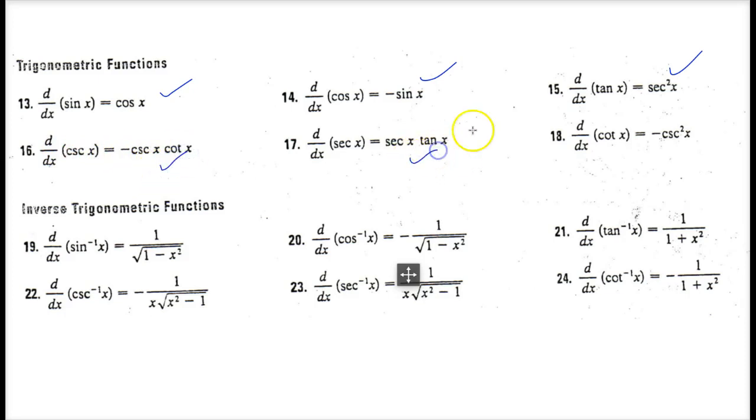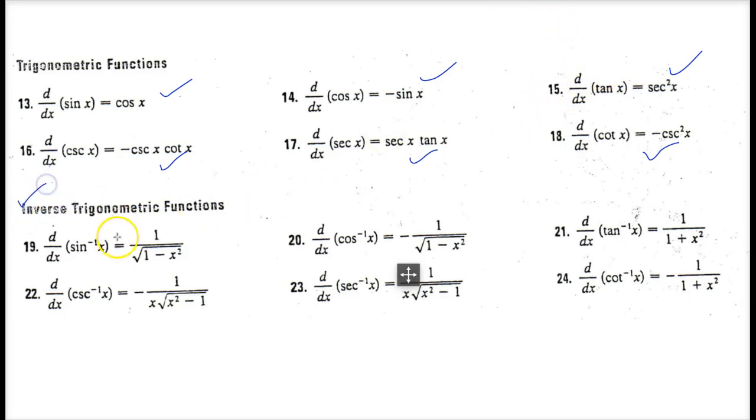Derivative of secant is secant tangent, and the derivative of cotangent is negative cosecant squared. And of course, the derivatives of sine and cosine, we can actually derive those by doing the limit of the difference quotient. But then afterwards, the derivative of tangent, cosecant, secant, and cotangent can all be taken by utilizing the quotient rule and deriving those derivatives from there.